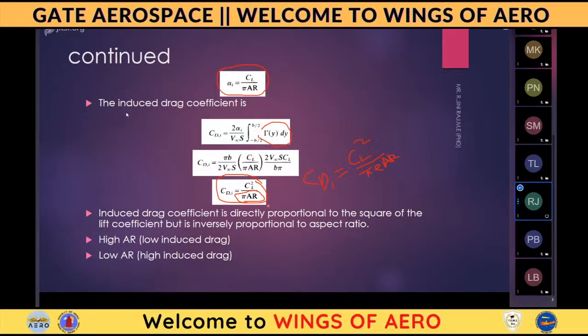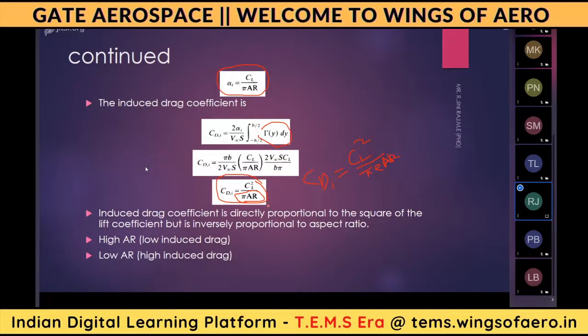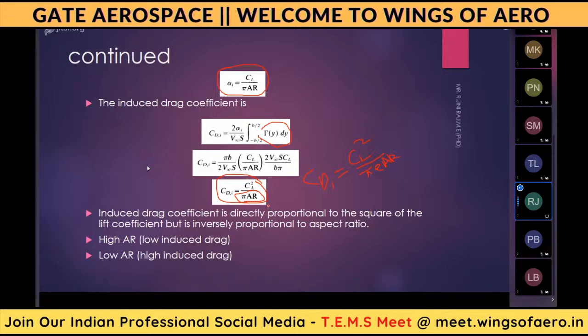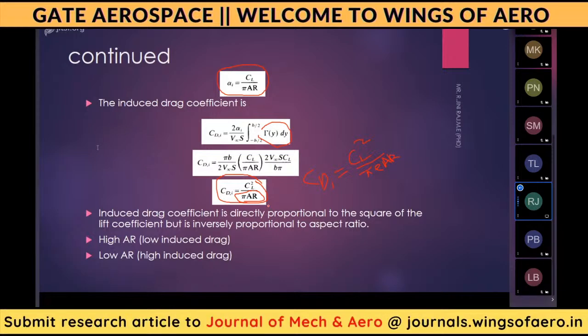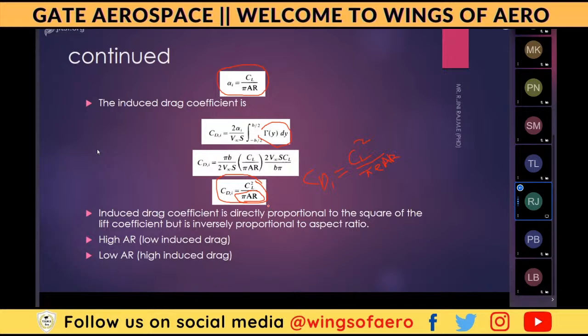Apart from that, we have another value, that is the Oswald efficiency, E. For an elliptical wing, E will be 1. Because of that only, the formula becomes CDI equal to CL square divided by pi AR.